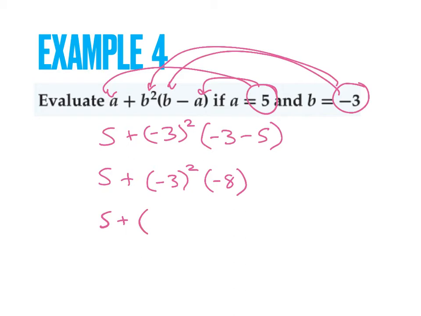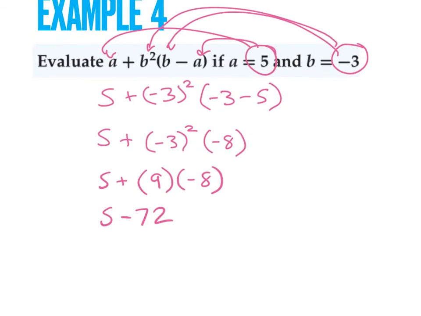What's negative 3 times negative 3? 9. What do we do next? Multiply. What do we get when we multiply 9 times negative 8? Negative 72. So now we have 5 minus 72.